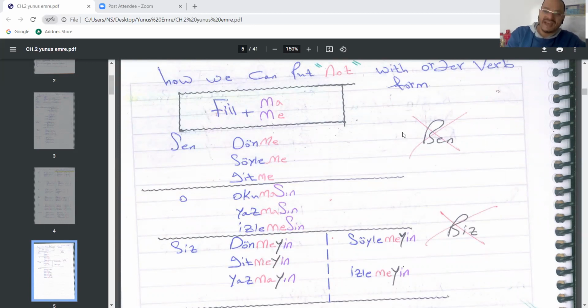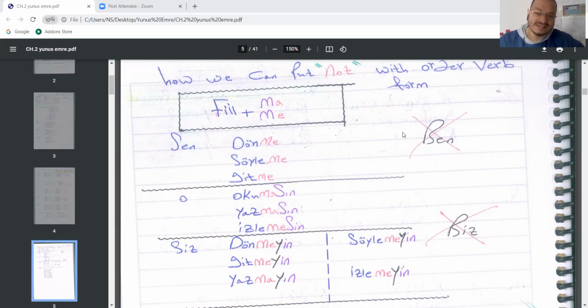We will never deal with ben or biz, me or we, because we can't give orders to ourselves. Always the orders are given from the manager, the boss, to other employees under him.